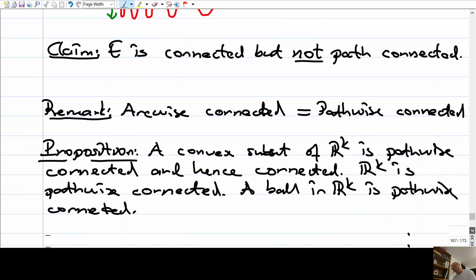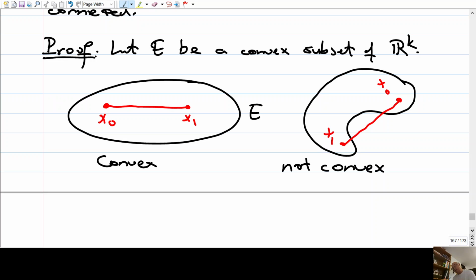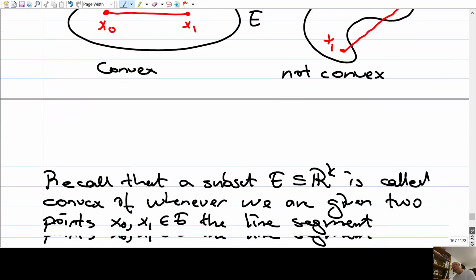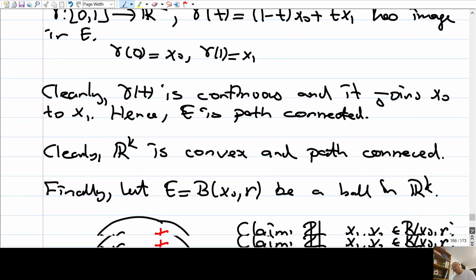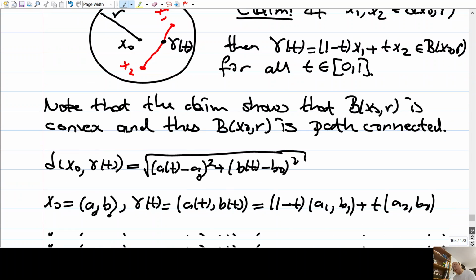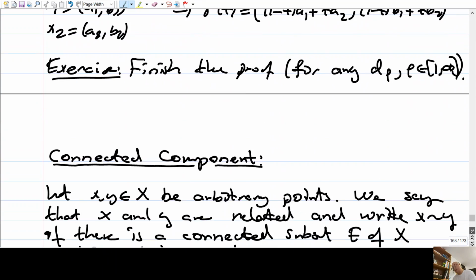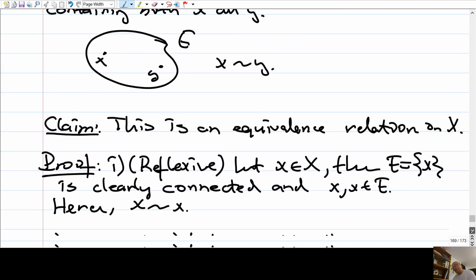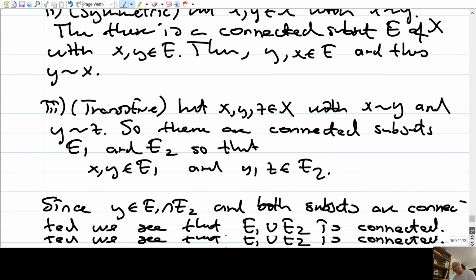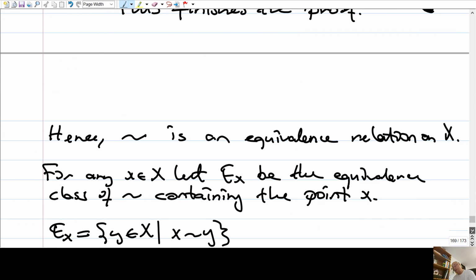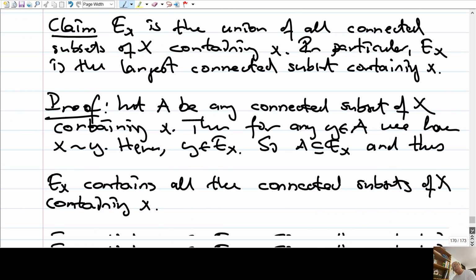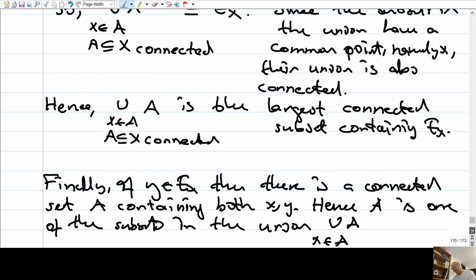And then of course there comes the question: R2 has some subsets which are connected but not path connected, so how can we guarantee a connected subset is path connected?